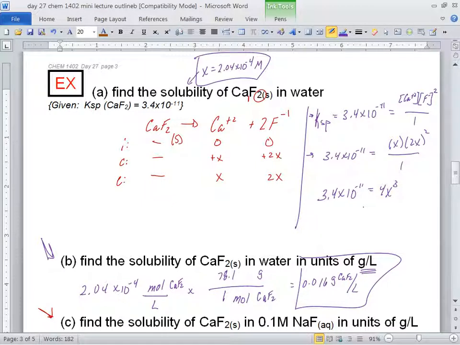Now, before you go through all this work and try it again, here's a quick check: will your answer be bigger, smaller, or the same as 0.016? Because now you have an initial amount.